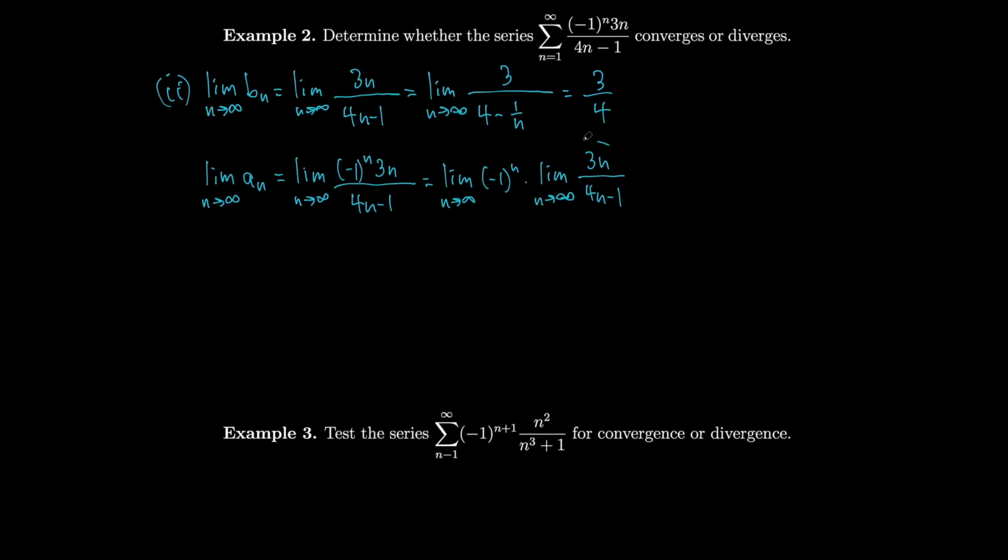So over here, let's take a look at this limit. Well, that's just going to be the limit that we get when we divide the numerator and denominator. So that's just 3 over 4 minus 1 over n. So this limit is just 3/4. So this thing just becomes 3/4 times the limit of (-1)^n.